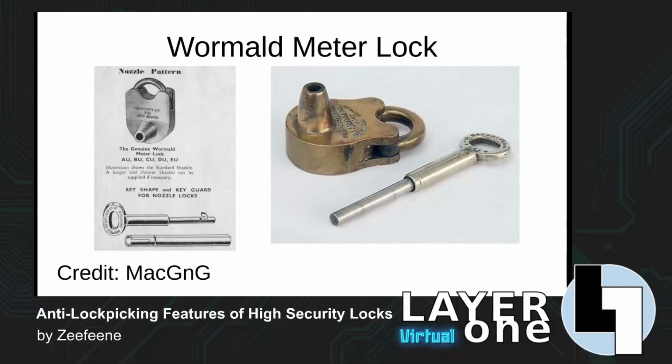And so we have this large cylindrical obstruction right at the front of this lock, and the Vormald meter lock key has a moving tooth in the end of it, basically. And so that retracts as it travels down the channel, and then it extends once it's inside the lock and is able to set the single lever inside this lock and open it.